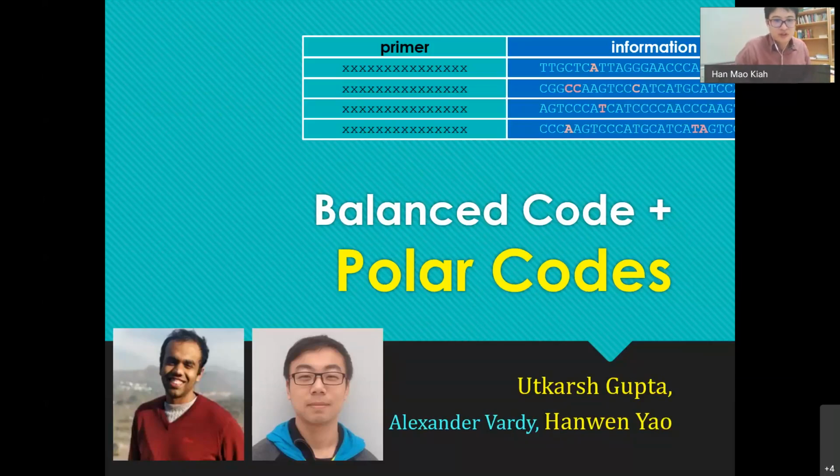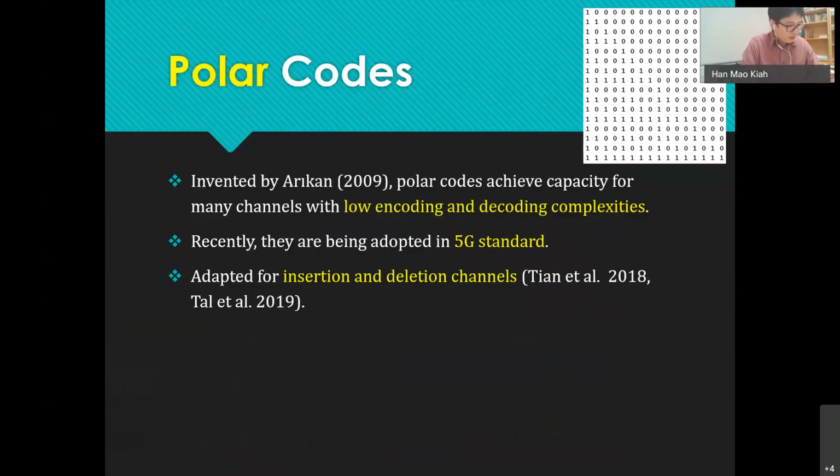So what are polar codes? I will give a more detailed definition later on, but essentially polar codes were invented by Arikan back in 2009, around 10 years ago, and they are a class of codes with low encoding and decoding complexities.